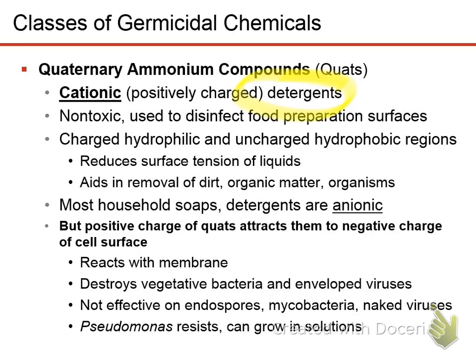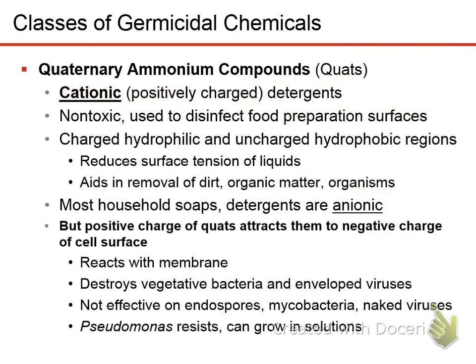That's what those detergents you have at home are. Most all of them have either SDS or SLS, sodium dodecyl sulfate or sodium lauryl sulfate. Those are actually the same thing.